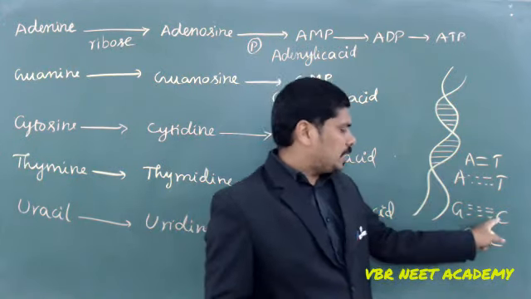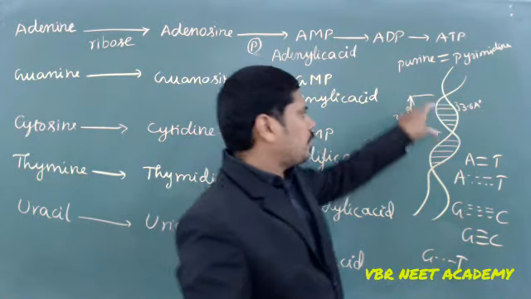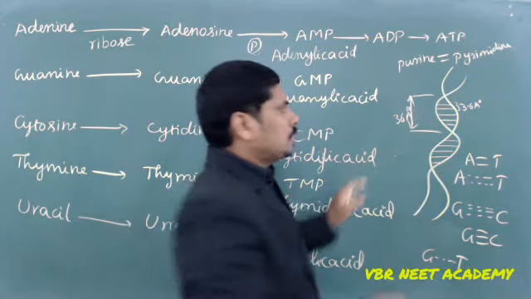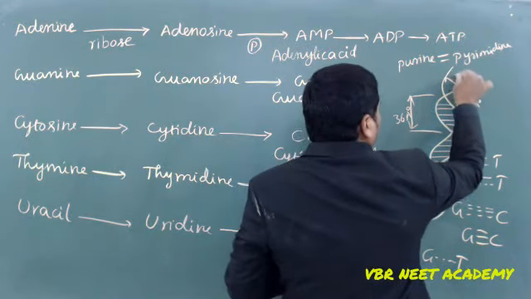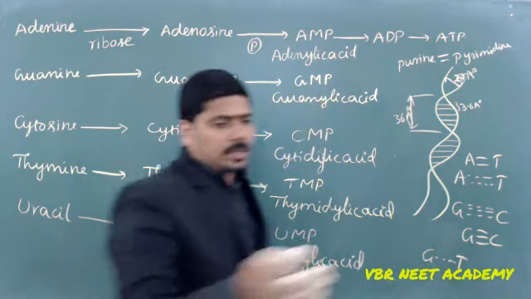Okay. So DNA one helix is going to have a length of 36 angstrom units. Between 2 bases, we are going to have 3.6 angstrom units. 10 base pairs in approximately one helix is 10 into 3.6, 36 angstroms, and the diameter is going to be 20 angstrom units. These are all the things we study in your biology.